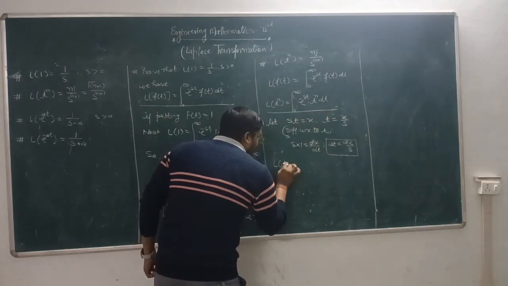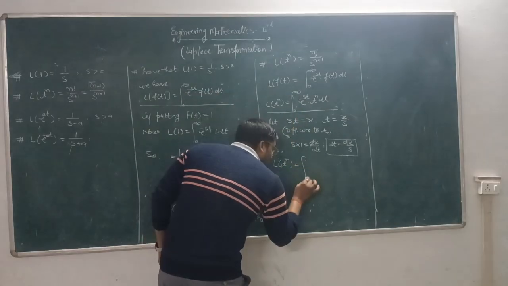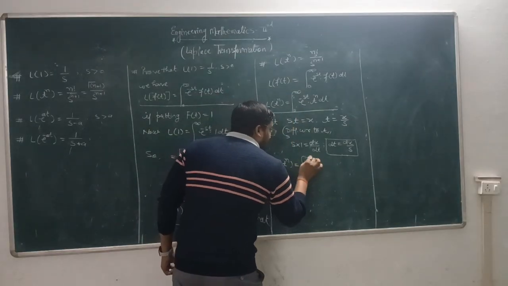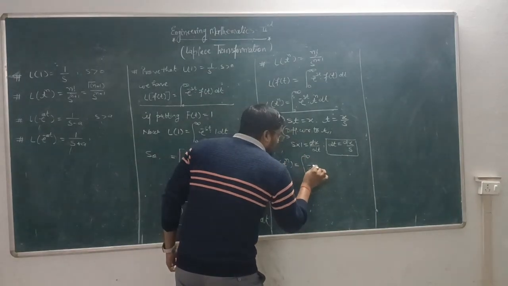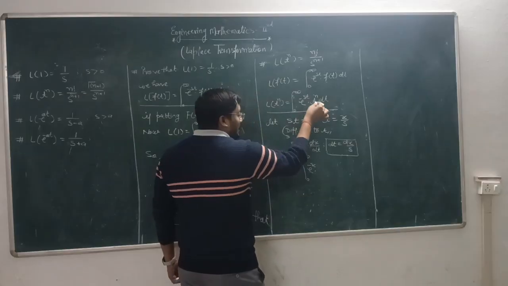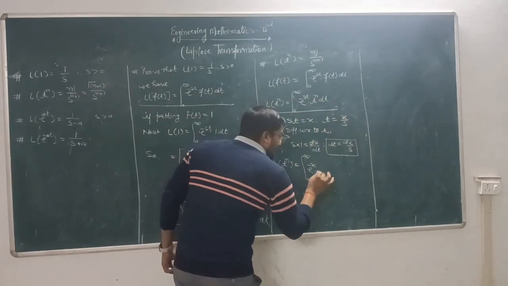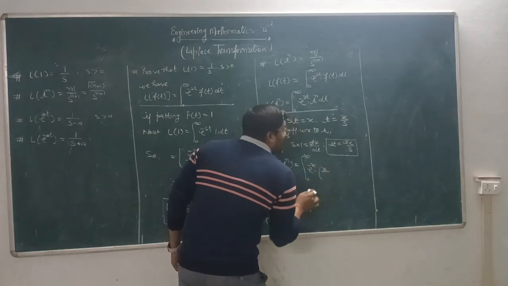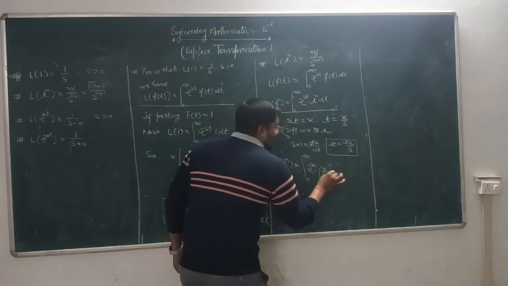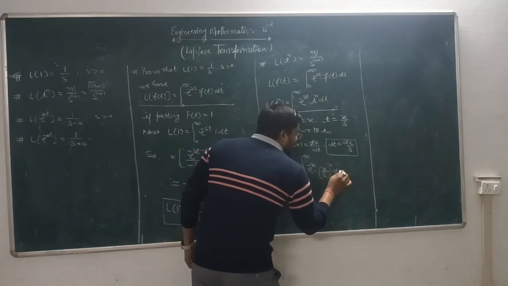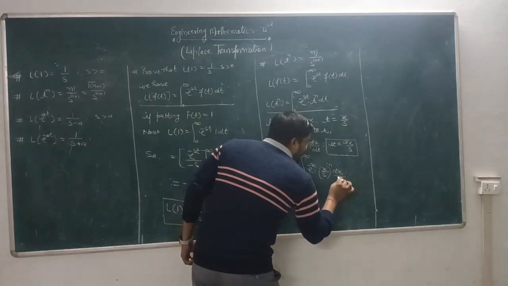L{t^n} is equal to, the limits remain 0 to infinity, the integral of e^(-x) into t^n, and the value of t is x upon s, so (x upon s)^n, into dt, which is dx upon s.